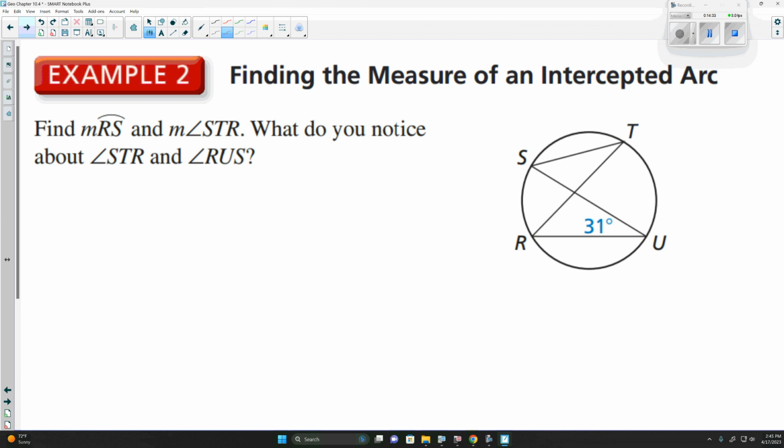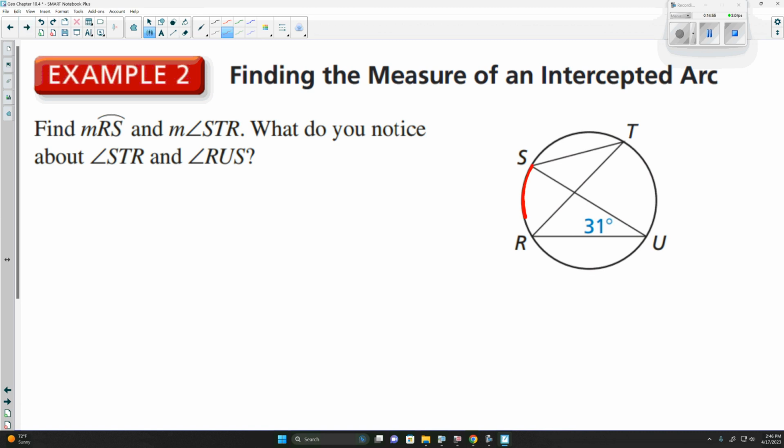Find the measure of arc RS and the measure of angle STR. What do you notice about these two angles? So let's work with what we know. So we know that angle RUS, or angle U, is 31, yes? Now its intercepted arc would be what?